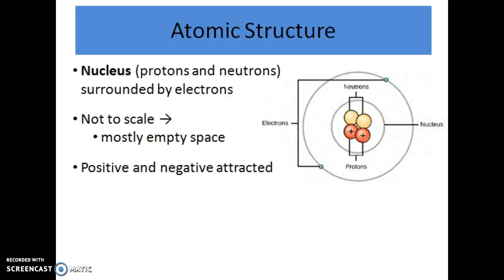So those positive and negatives are being held together sort of like a magnet attracting steel. The same thing's going to be happening here, except the steel's not going to get pulled all the way to the magnet. The electrons are going to keep circling and circling. Sort of like if you think about the moon circling around the Earth, right? The gravitation of the Earth is keeping the moon going around and around and around it. Same thing's happening with electrons. They're circling around and around and around.